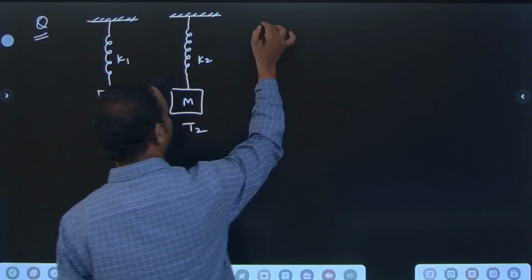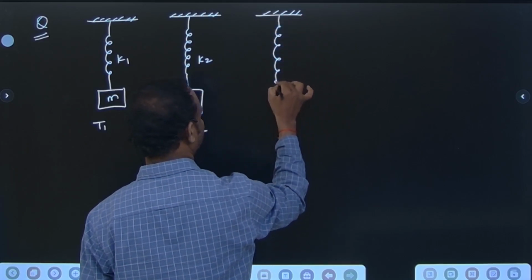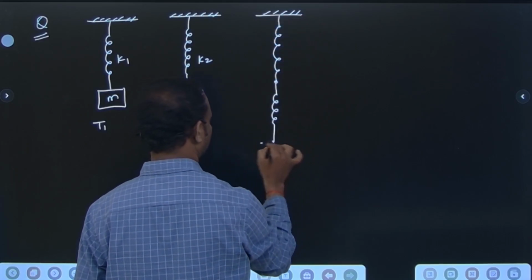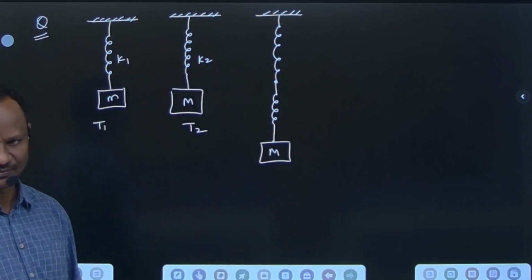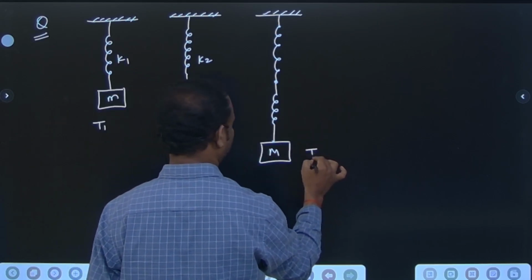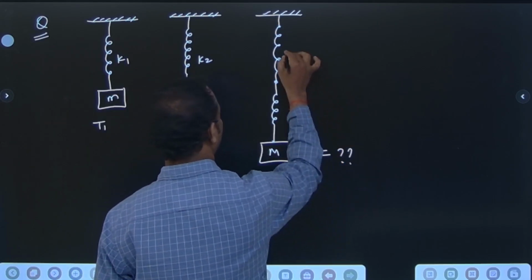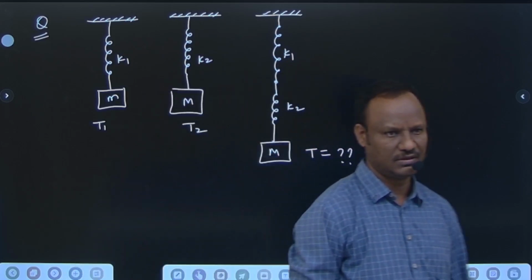When these two springs are connected in series combination with the same mass, the time period T is equal to what? This is a very important question. Got my question?